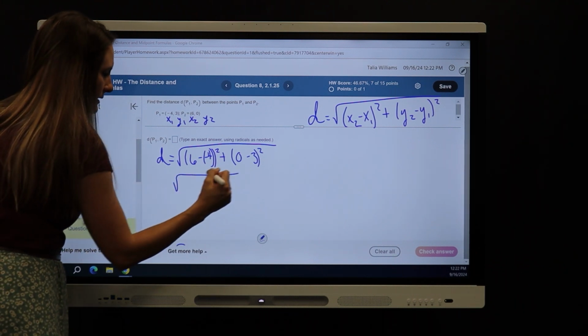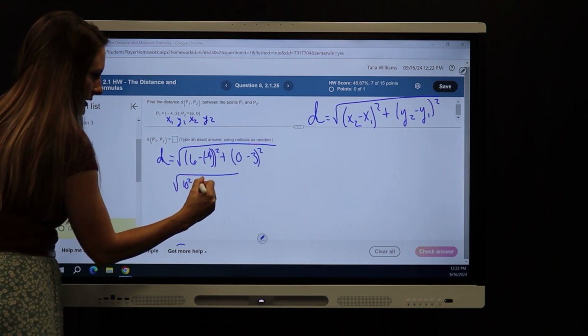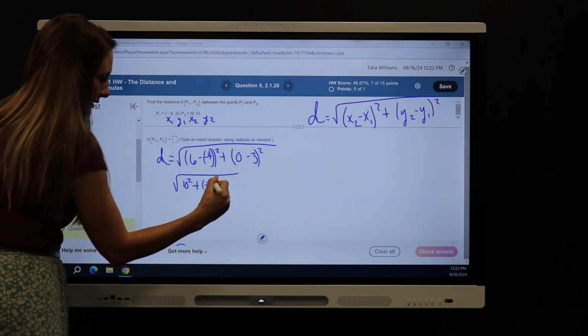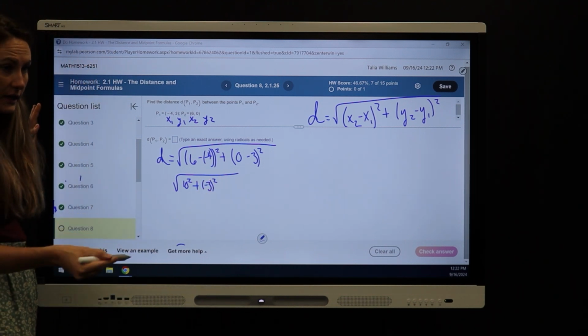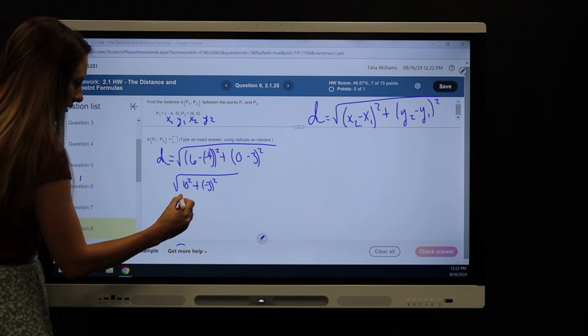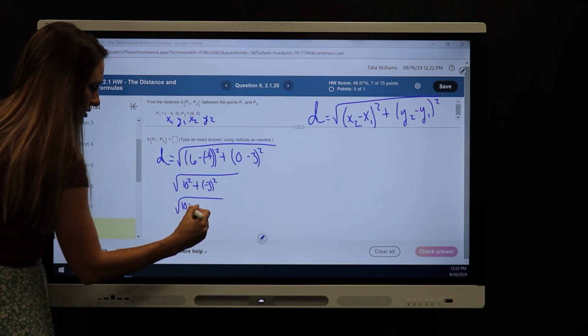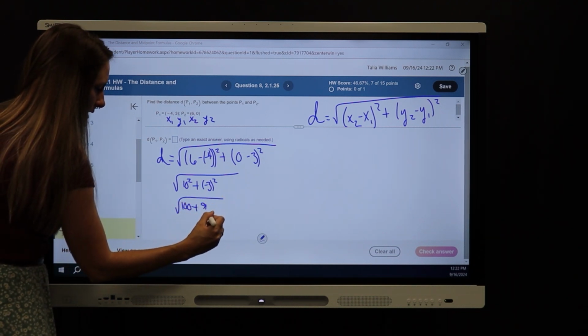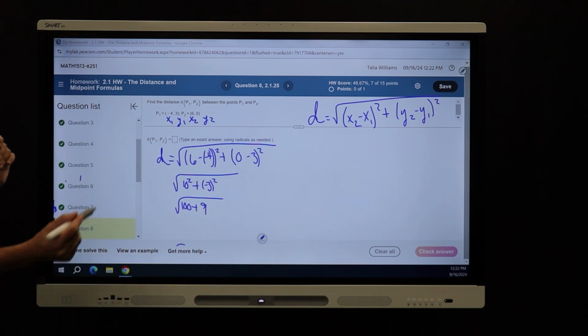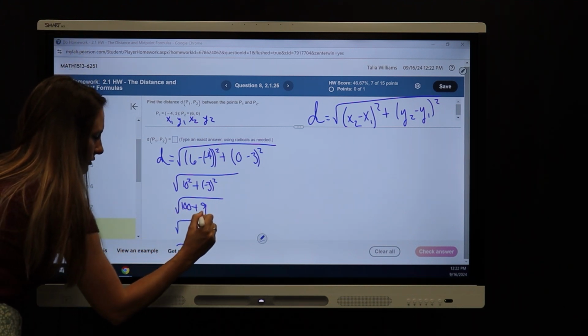So we're going to have 10 squared plus negative 3 squared. When you square a negative, it becomes a positive. So we're going to have 10 squared is 100. 3 squared is 9. So we have 109. Does that reduce?